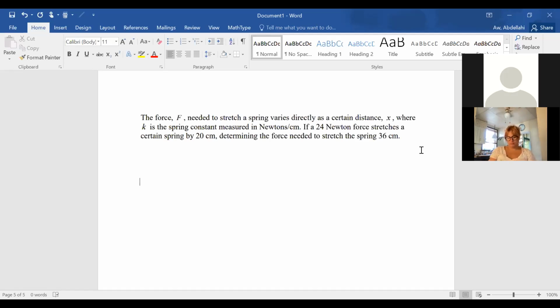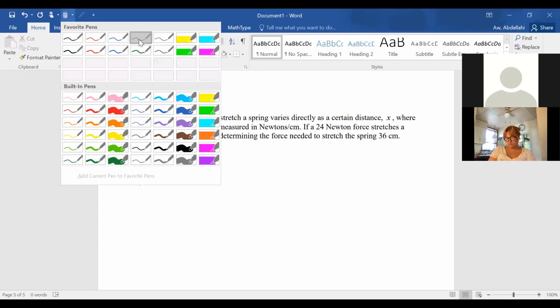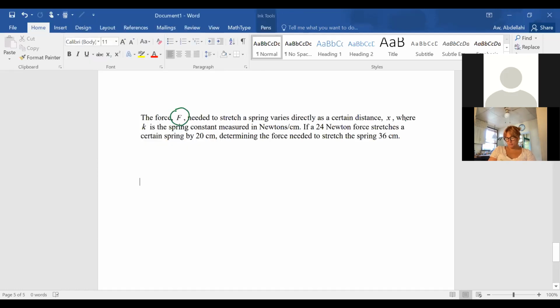I see F and I see X. F here is one variable, X is the other variable. And then it says it varies directly. So I have the choice: I can say F is equal to K times X. In this case, I have to use F because they told me the variable is called F. I have to keep F.